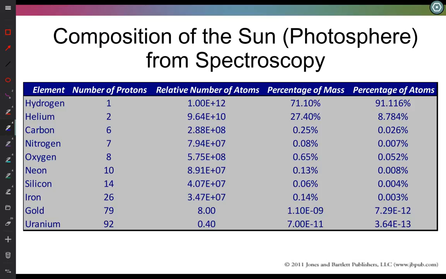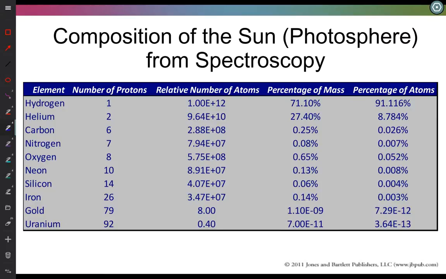Where's hydrogen on the periodic table? It's the first one. It's the lightest element. And because it's the lightest one, 10 hydrogen atoms has the same mass as 2.5 helium atoms. And so it's a much smaller percentage of mass.